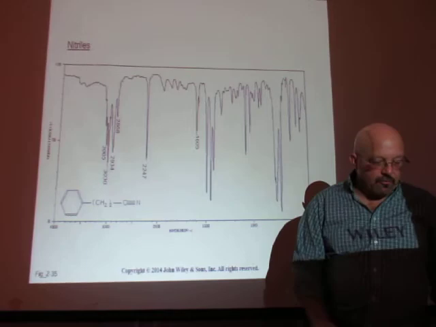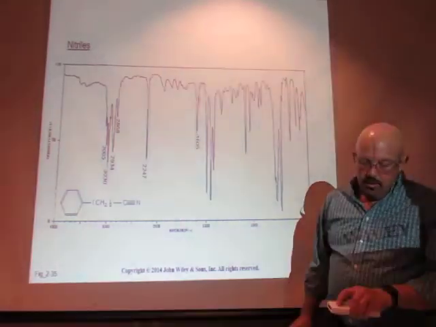We're next going to look at nitriles. One thing we can identify for a nitrile is the carbon-nitrogen triple bond. That carbon-nitrogen triple bond stretch occurs at about 2220 to about 2260 reciprocal centimeters.